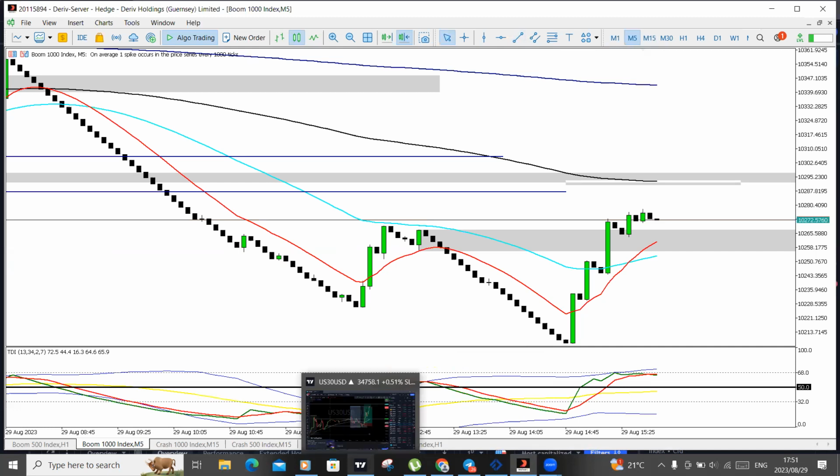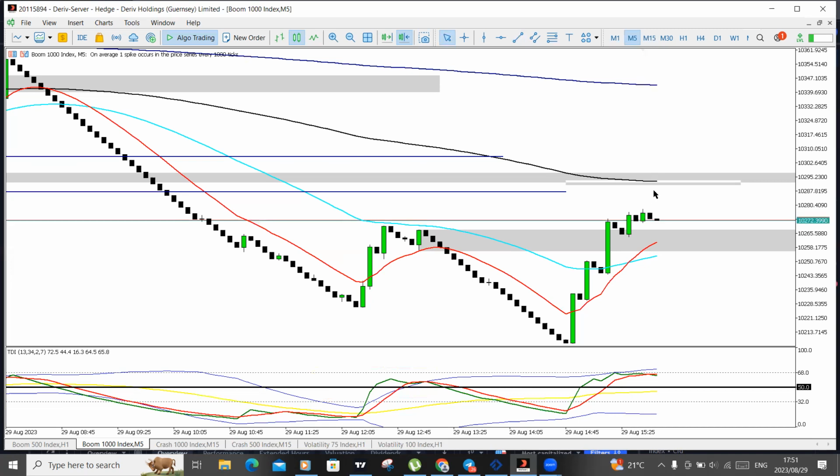So let me see if I can continue a little bit and see if we can actually hit our TP. I've now moved, I'm trailing somewhere here in this region. Price can potentially still come and retest here before pushing up, so keep that in mind.